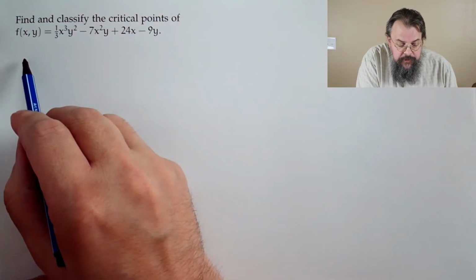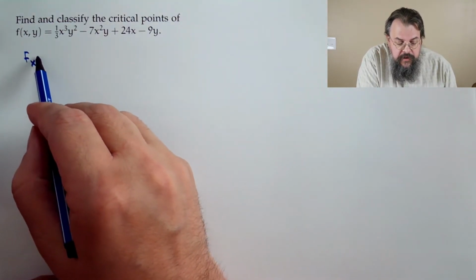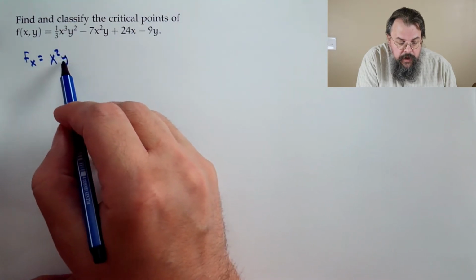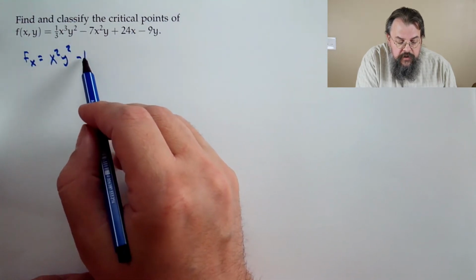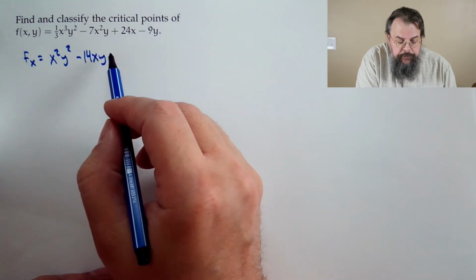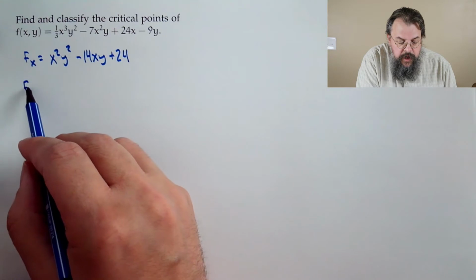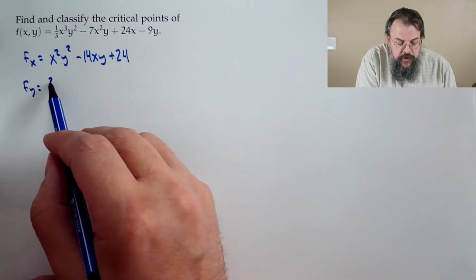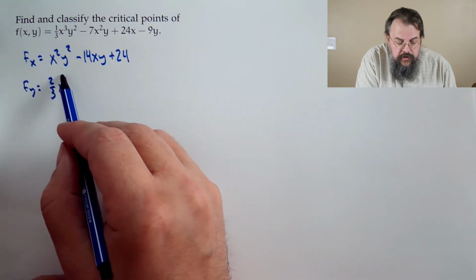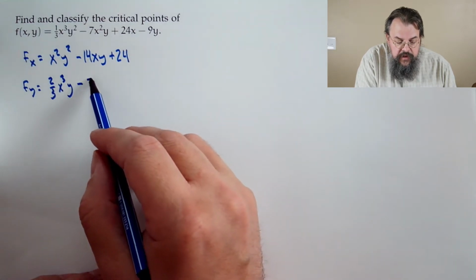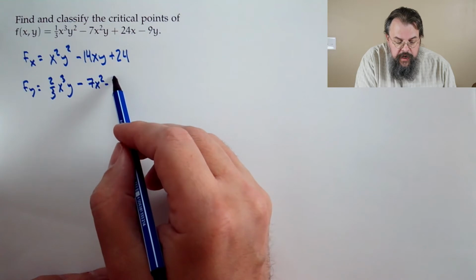So, if we do that, what do we have? f_x would be, well, x squared y squared minus 14xy plus 24. And f_y, well, 2/3 x cubed y minus 7x squared minus 9.